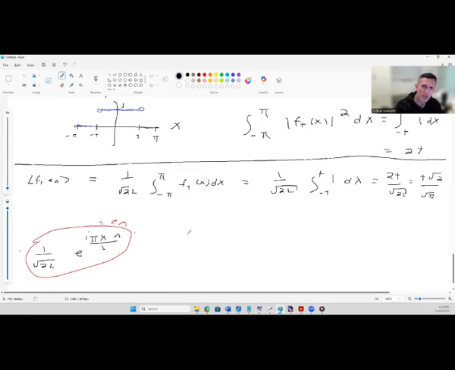On the other hand, if n is not equal to 0, it's an easy calculation. So again, it cuts it off to minus t to t. It's just 1 from minus t to t.